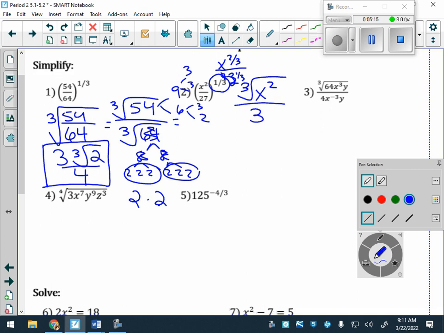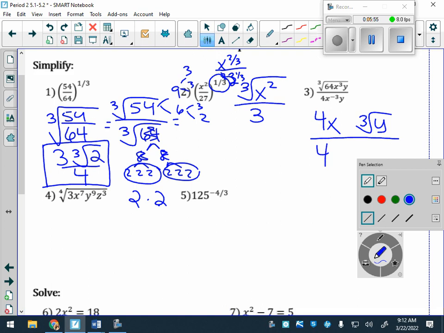Number 3. Okay, Eleanor? Yes. So we're first going to take the cube root of this. Cube root of 64 is 4. Cube root of x cubed is x. We cannot do anything with the cube root of y, so that stays as is.